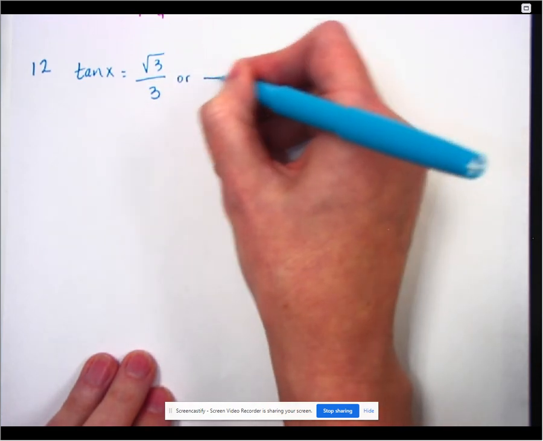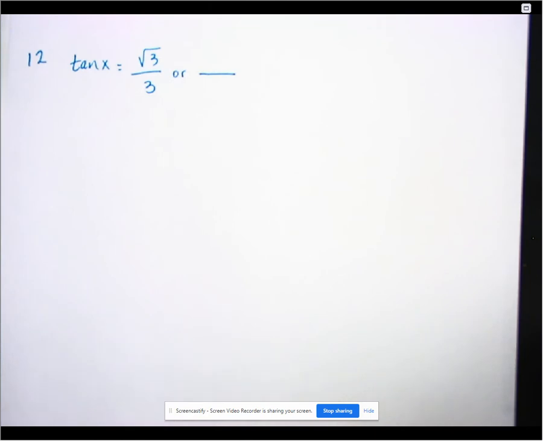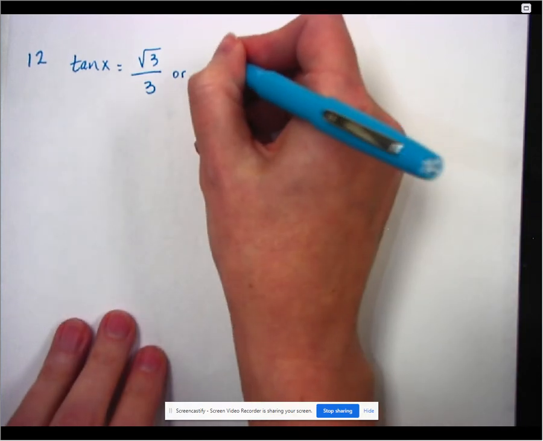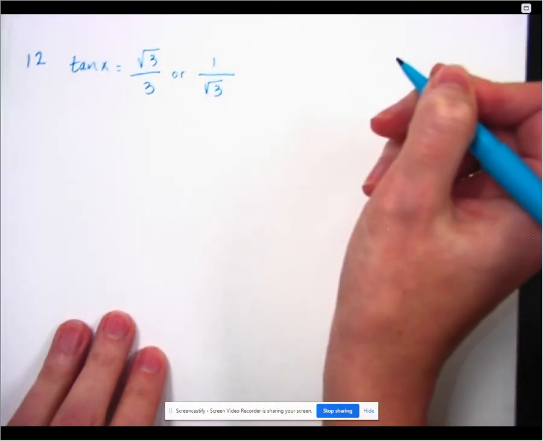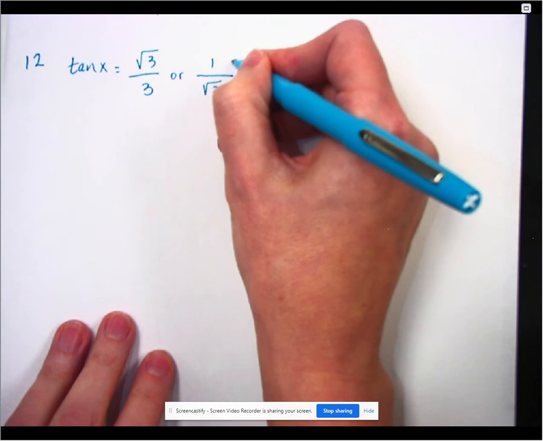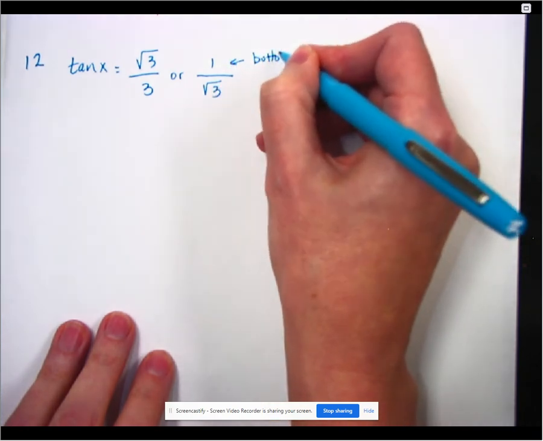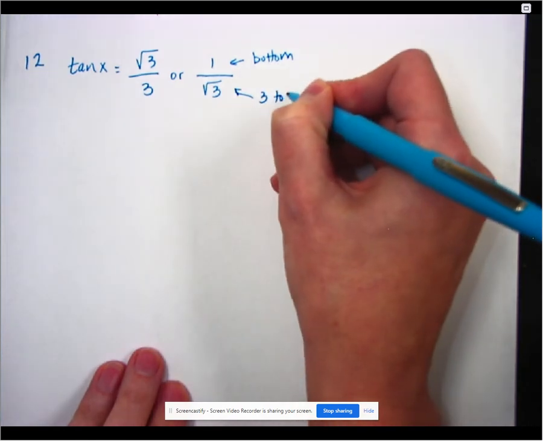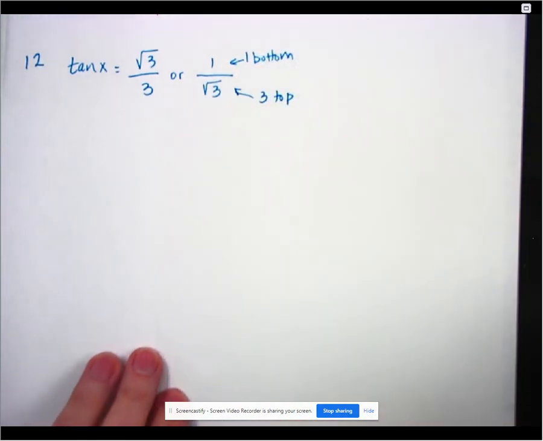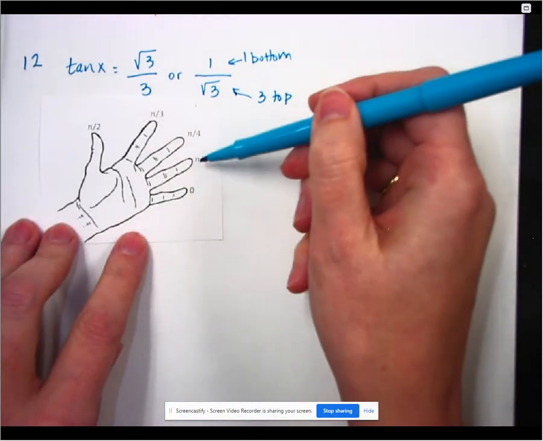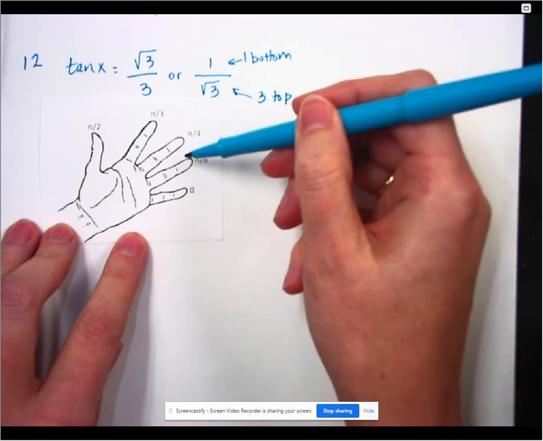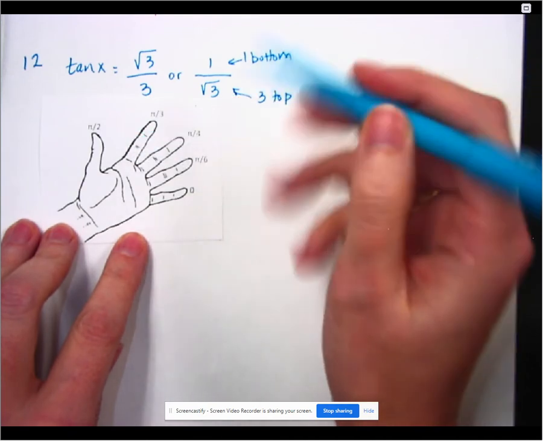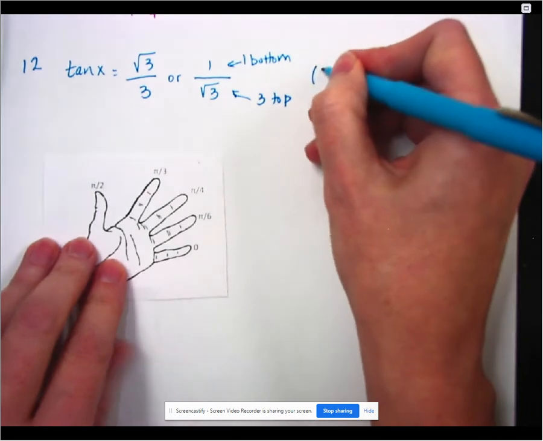So we need to think about what the square root of 3 over 3 is before it gets simplified, and that is 1 over the square root of 3. So I want 1 bottom finger and 3 top fingers. The angle that would have 1 finger below and 3 fingers above is the pi over 6 finger.